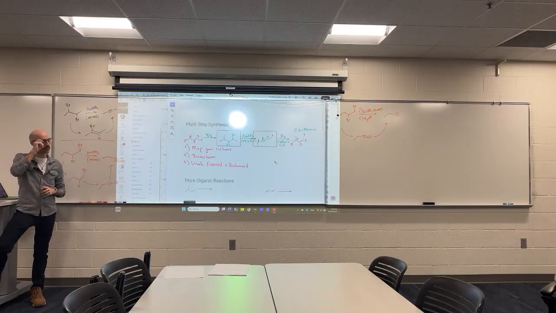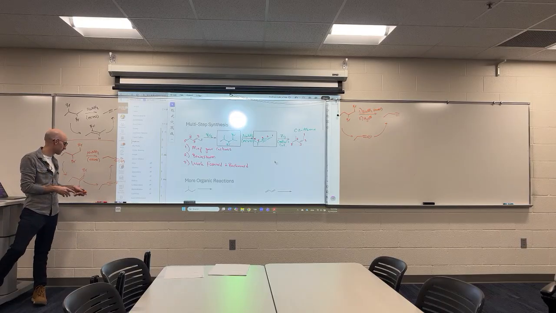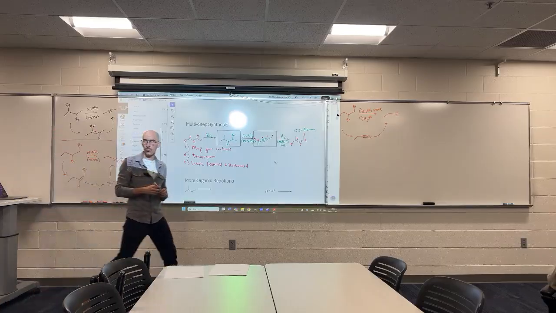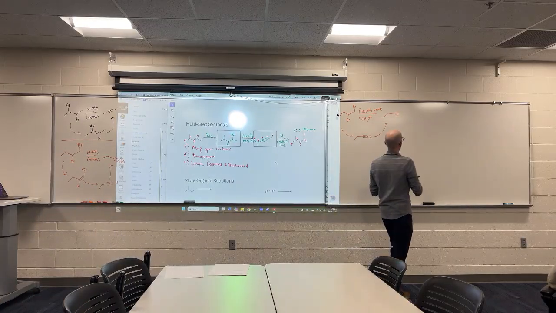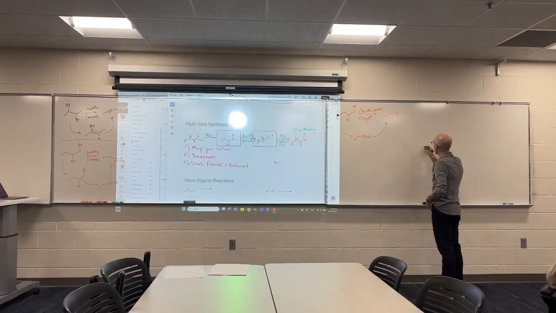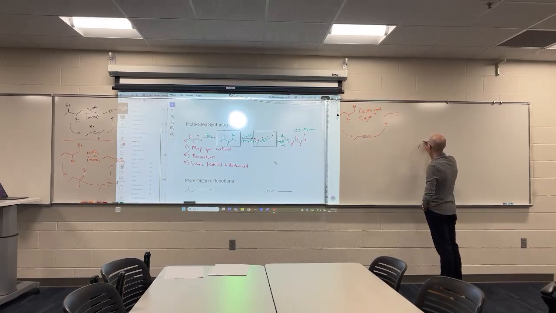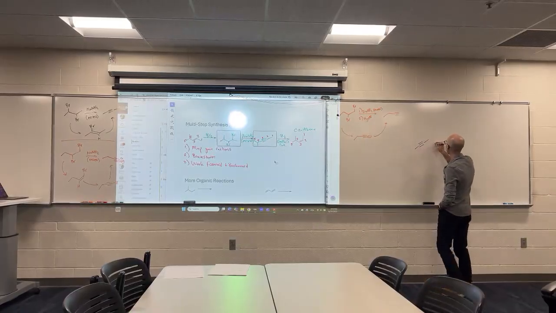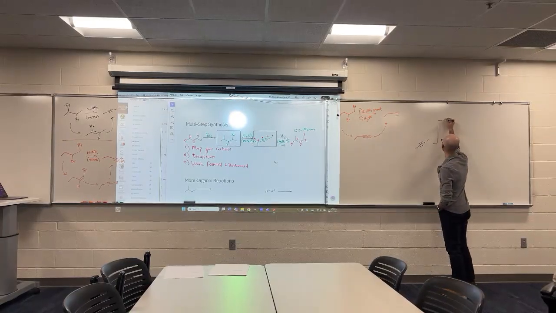All right, here is another multi-step synthesis I'd like you guys to try your hands at, and there are 2 routes to get us there. Actually, you know what? I think I'm going to show you 2 routes, but they actually end up with structural isomers.